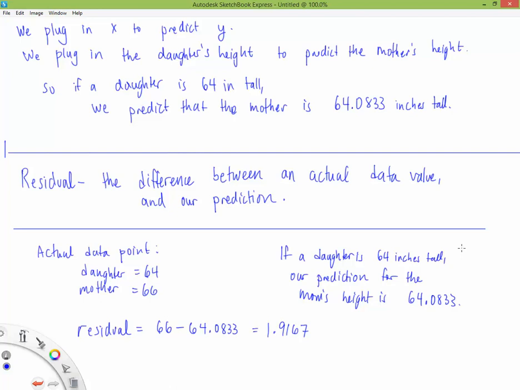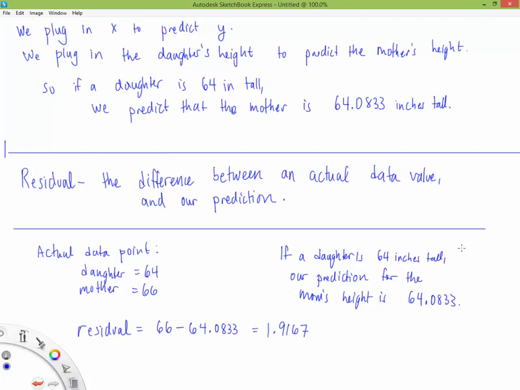And so you could think of a residual as the amount that we cannot predict for. Our model gets us in the ballpark, right? But it's not going to be 100% accurate. There's going to be something left over in terms of the difference between the actual and the predicted.